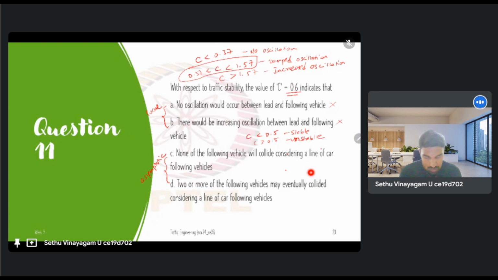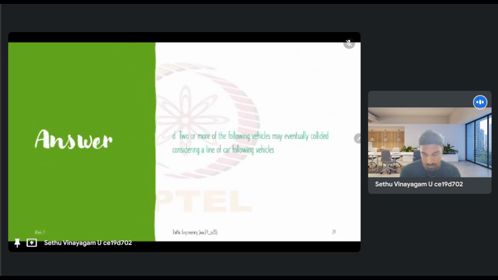That is what instability in the asymptotic case means, which means option D is correct and C is incorrect. C happens only in the stable condition, where there won't be any collisions, but in the unstable condition, some vehicles will collide eventually. Therefore the correct answer is option D, out of all the four.